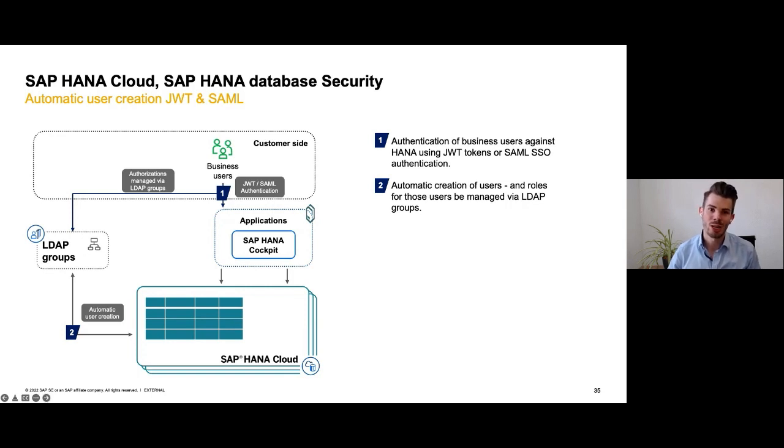So this is a new functionality that enhances the possibilities in terms of user authentication, and also the user provisioning that then happens, of course, automatically in the background. So from my perspective, a great complement to the already very comprehensive security and authentication mechanisms that we offer.